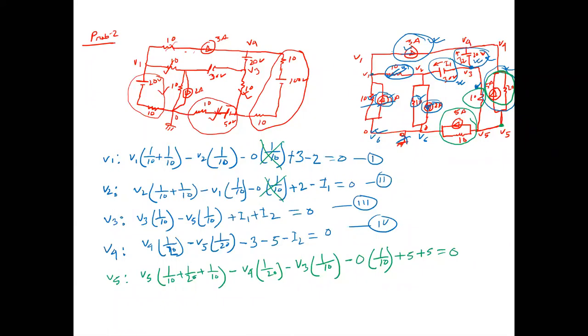Now we change the names. This is I1 and I2. At first I1. I1 is equal to, anybody? V3 minus V2. Incoming minus outgoing.